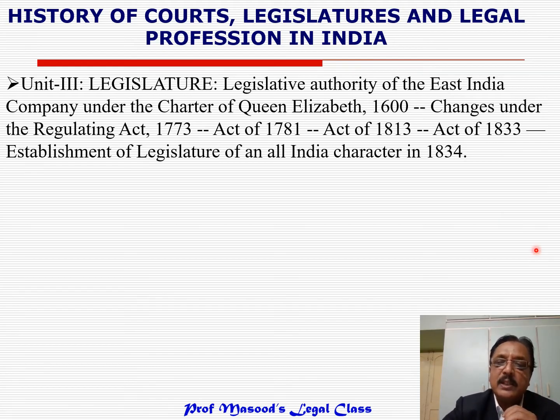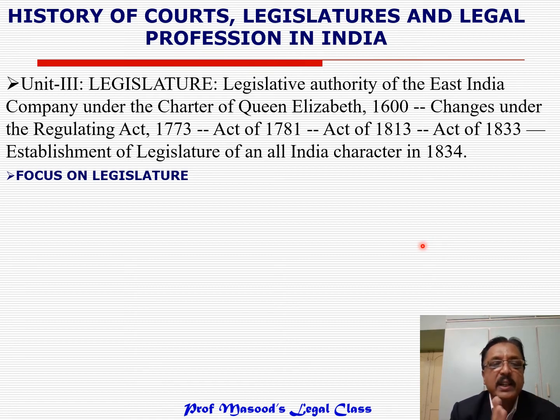So this unit number three exclusively deals with the legislature. It means unit number three has a direct focus on legislature. So this we should remember.